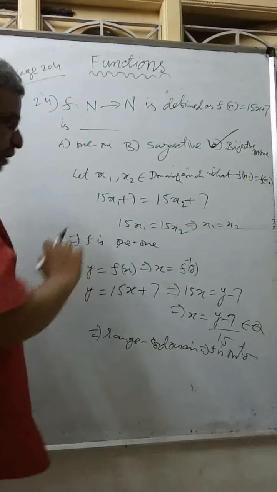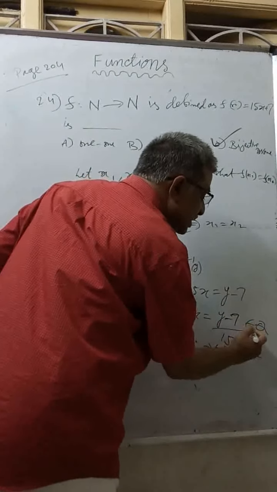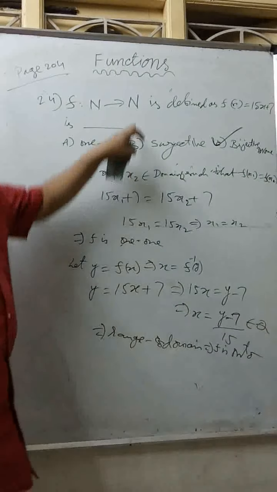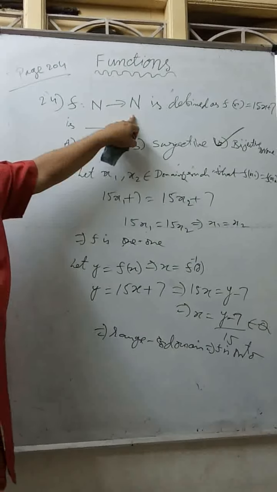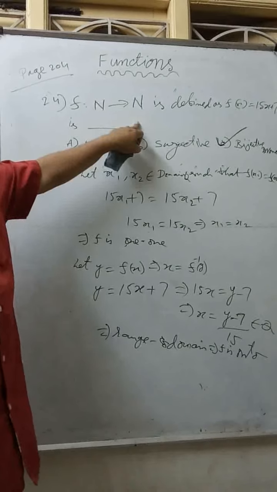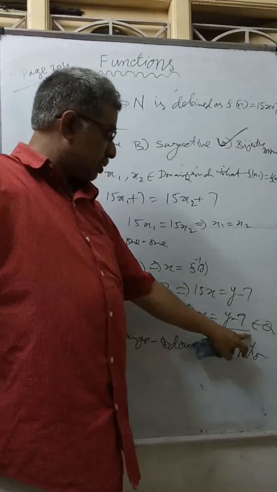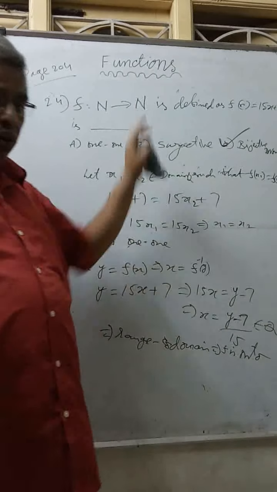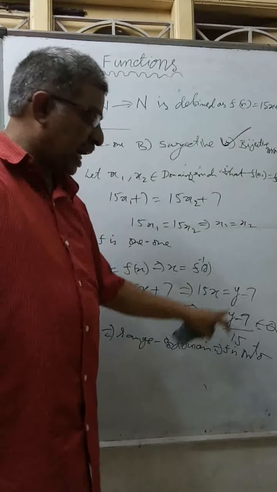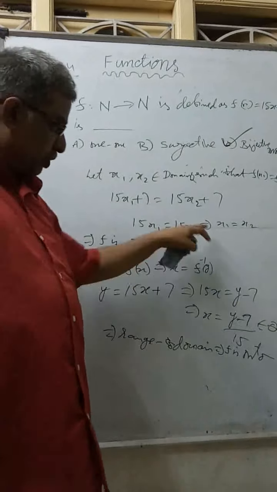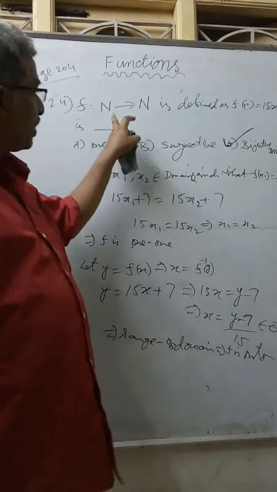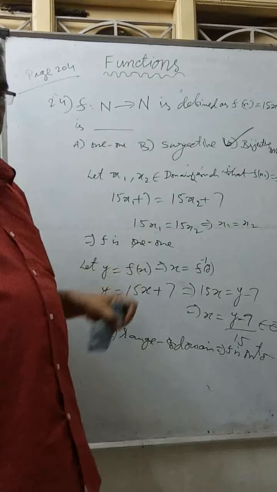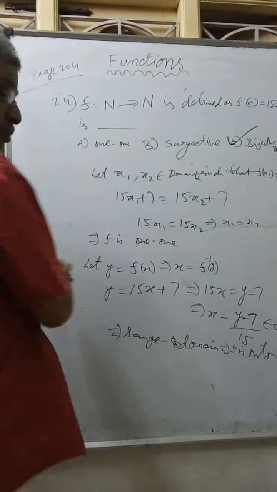But here this is a rational number, while the codomain is the natural number. So the domain is not equal to the codomain, which means the range is not equal to the codomain, so it is one-one but not onto, if it is N to N instead of Q to Q. Followed?